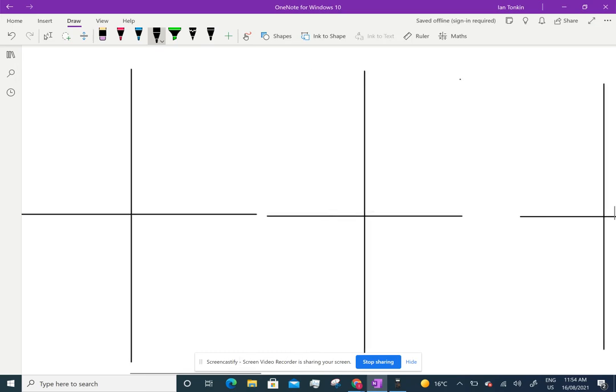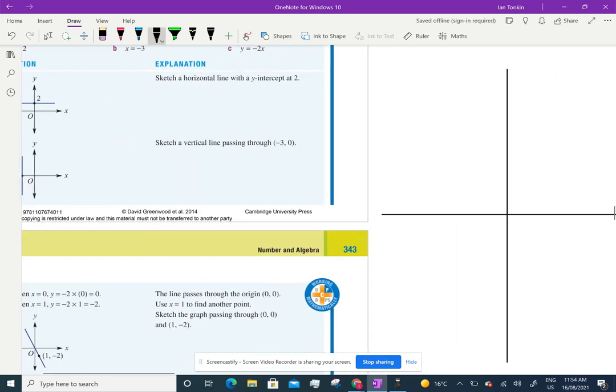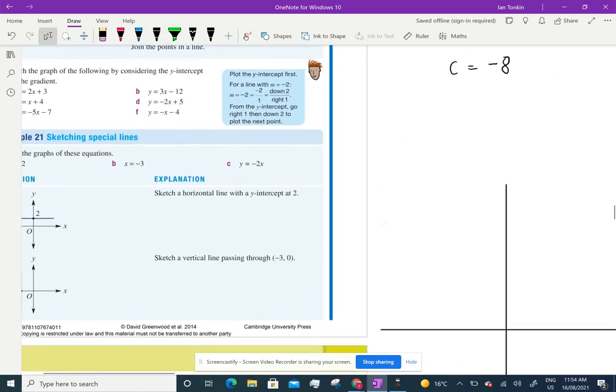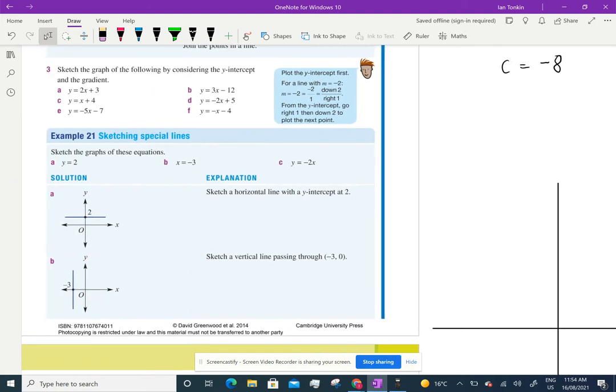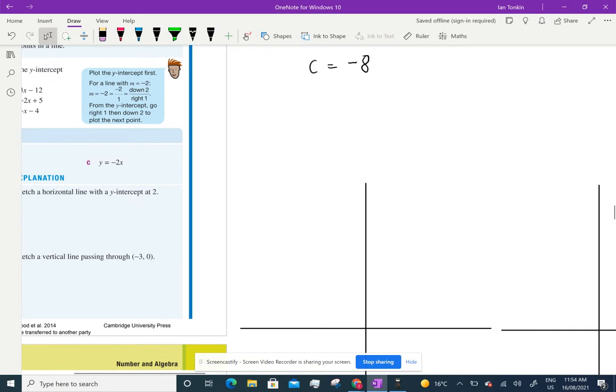Now, I'm going to use a bit of colour here. The first one, y equals 2x plus 3. Now, whenever you draw an axis, it's important that you label the x and y axis. Then you write the equation of the line, y equals 2x plus 3.